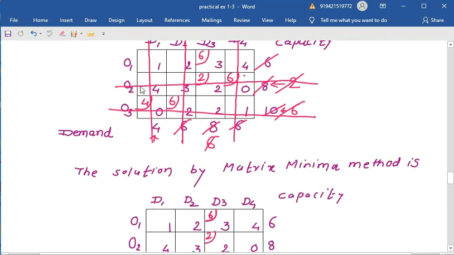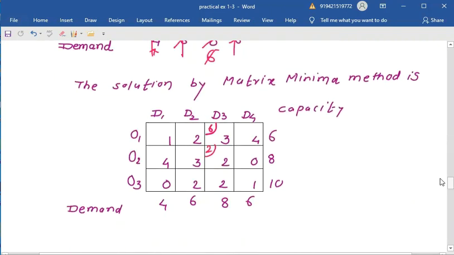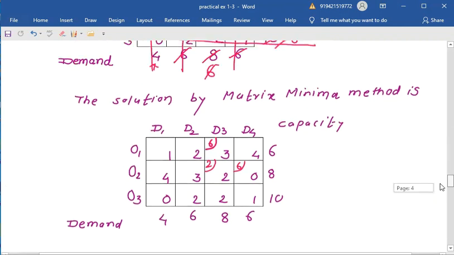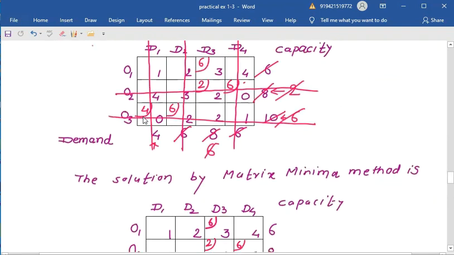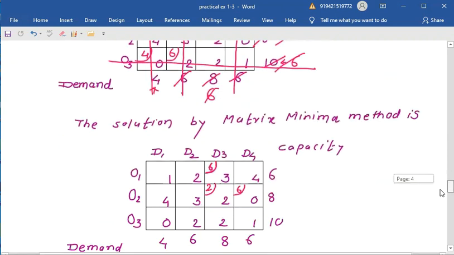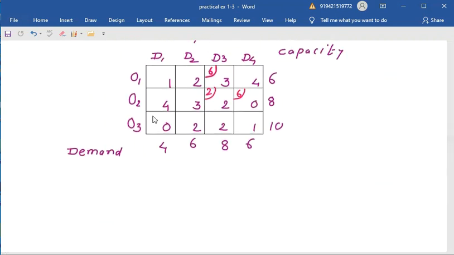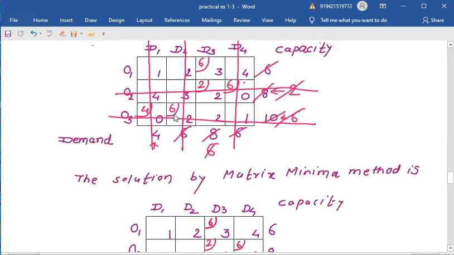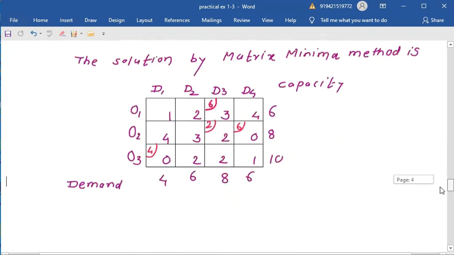Then transport 6 units from the second factory to the fourth warehouse. Then third row, transport 4 units from the third factory to the first warehouse, and transport 6 units from the third factory to the second warehouse.